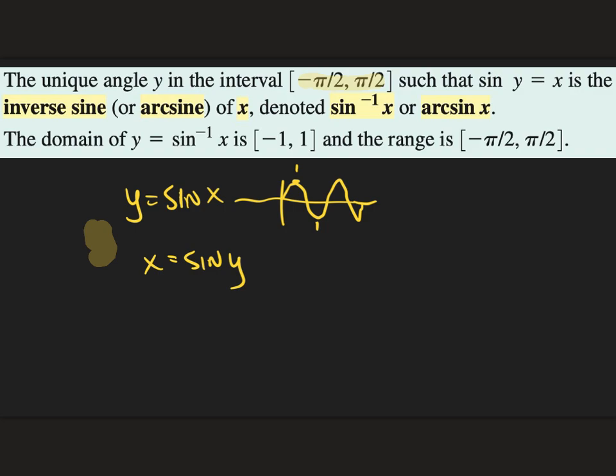Your domain is all real numbers. When we invert it, your domain goes from -1 to +1, and you can only take angles from negative pi over 2 to positive pi over 2. You can't go above that. So the graph of the function inverts.